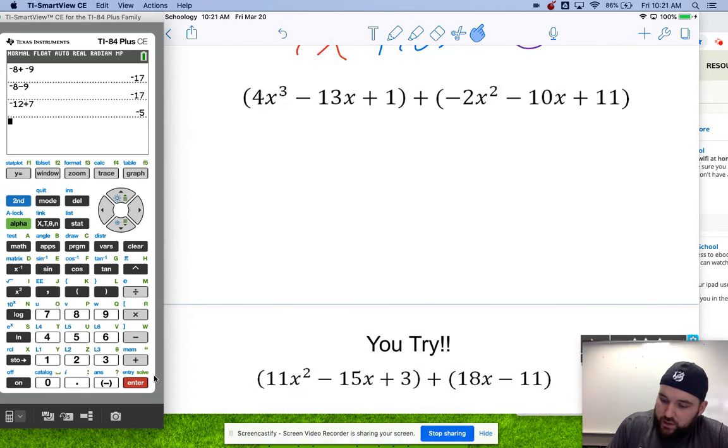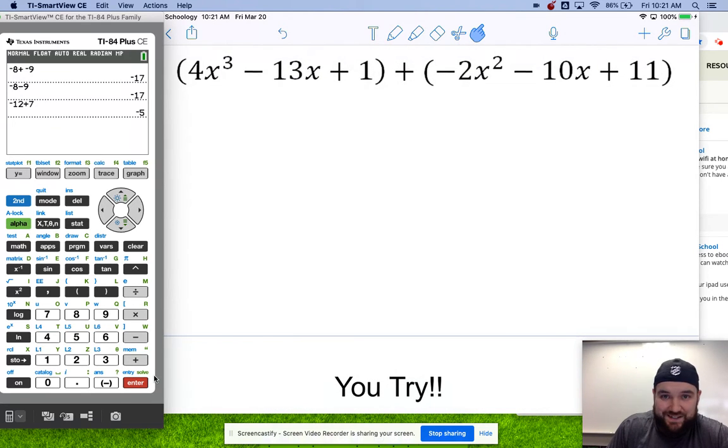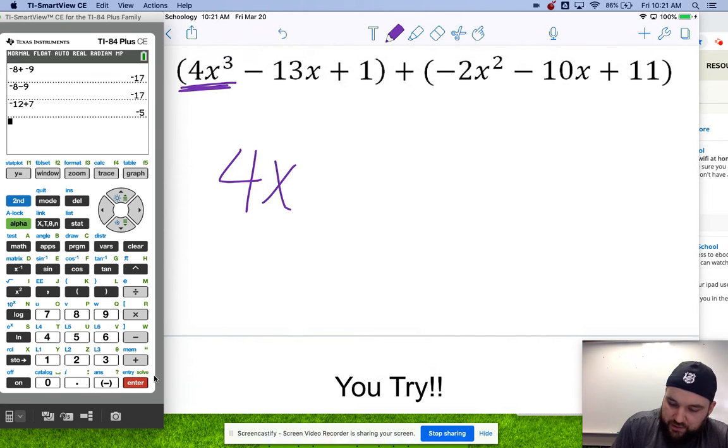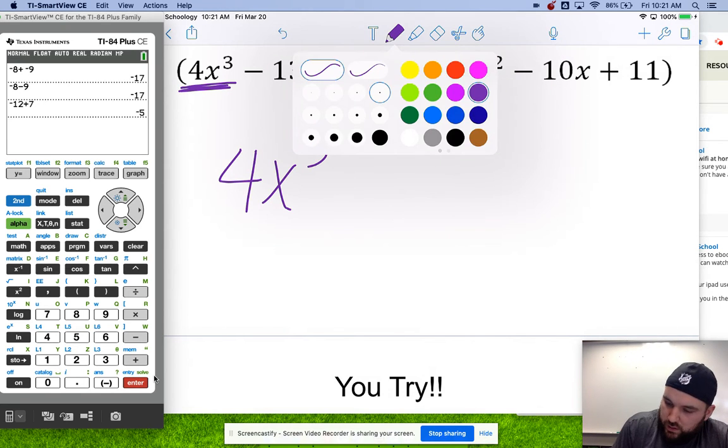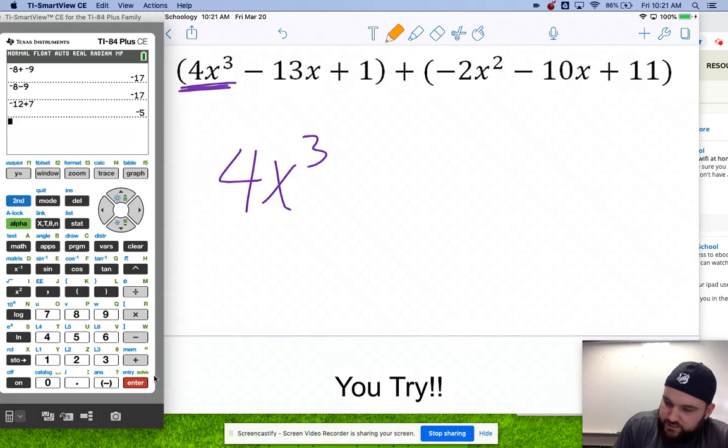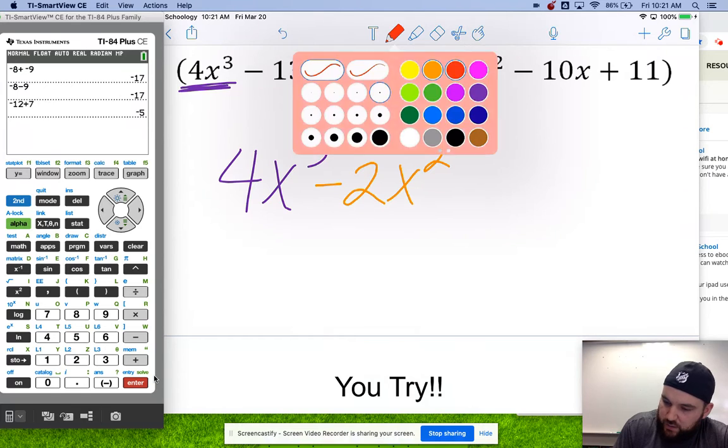If I take a look at this next set of trinomials and I want to combine them, again, I scan real quick and see x to the third is my highest power. There's no other x to the thirds, so I'm just going to copy that down. Next, if I'm scanning all 5, is x to the second, and there's only one term that has x to the second power.